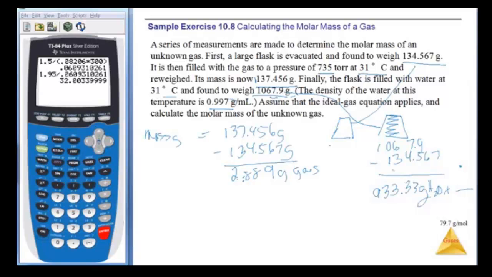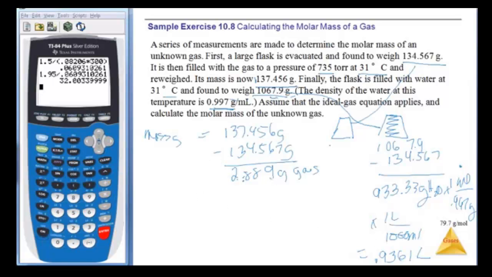And what I know from this density is there's 0.997 grams in 1 milliliter. Now I'm going to have to get this to liters, but let's just do this. I'll put one more factor there. It says 1,000 milliliters is 1 liter, and this is going to give us 0.9361 liters. Okay.